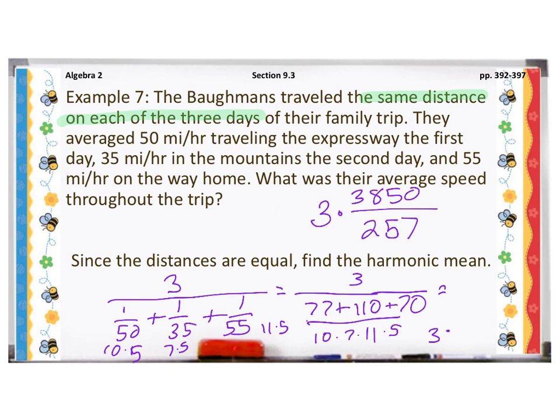So my final answer is going to be 11,550 over 257. That is an exact value. The decimal equivalent would be 44.94.